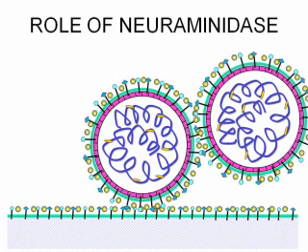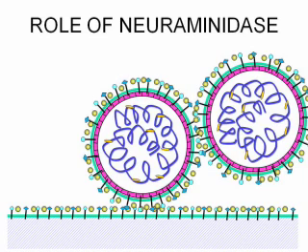In fact, in laboratory experiments, it's been shown that mutants that cannot get rid of the sialic acid have major problems establishing infections because they can't get away from the infected cell. So what the neuraminidase does, as I say, is chew up sialic acid.